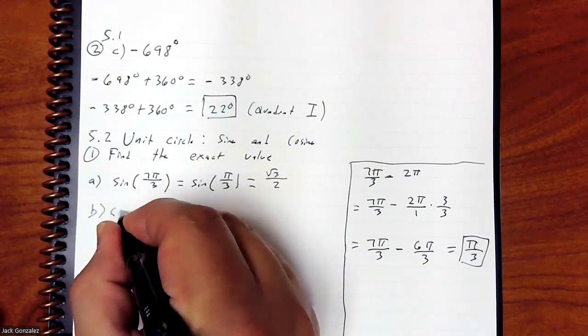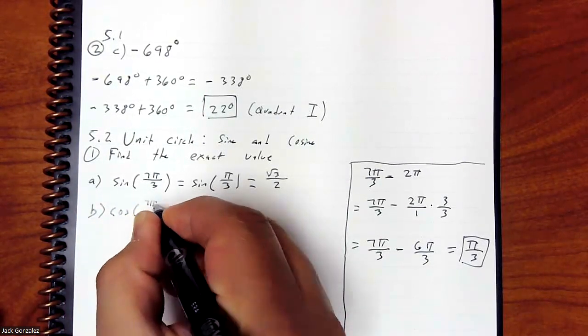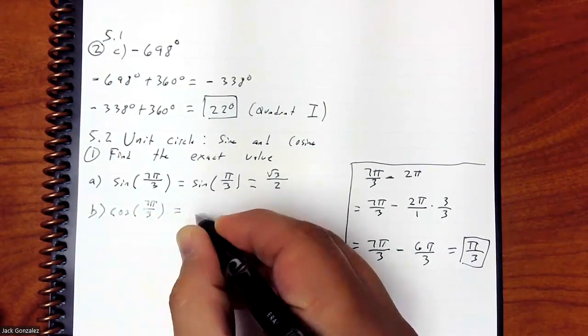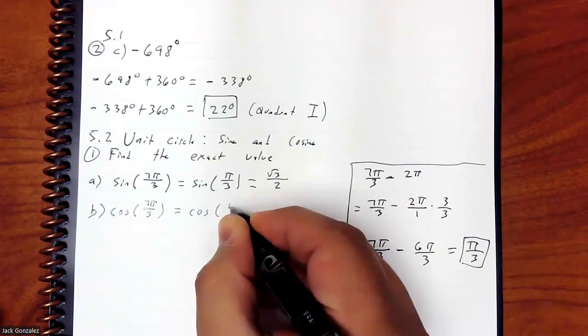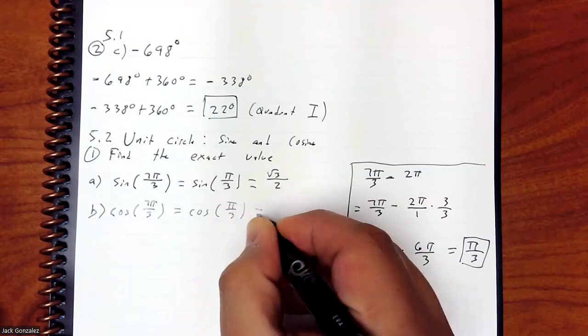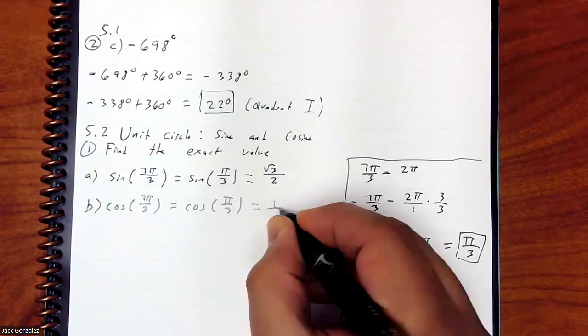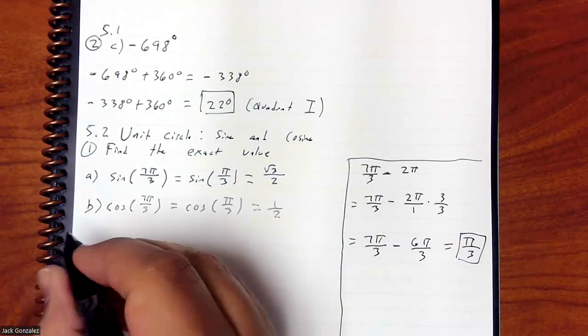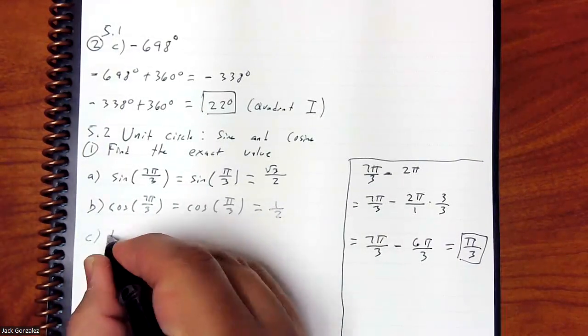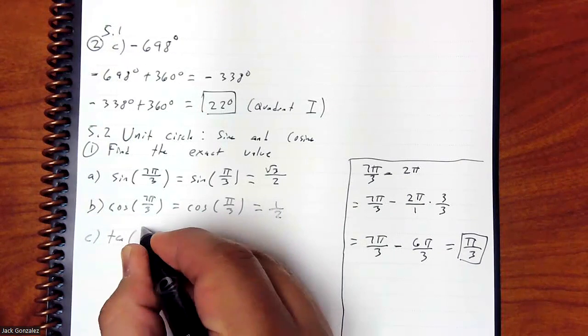All right. So if part B was cosine of 7 pi thirds, that would be the same as cosine of pi thirds. What would the cosine be? Yeah, it'd be 1/2. All right. What about tangent of 7 pi thirds?